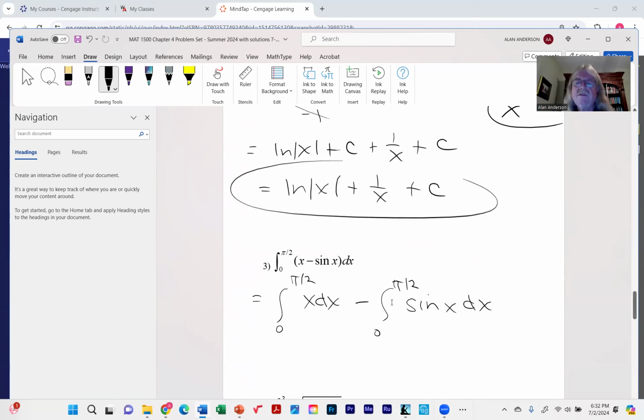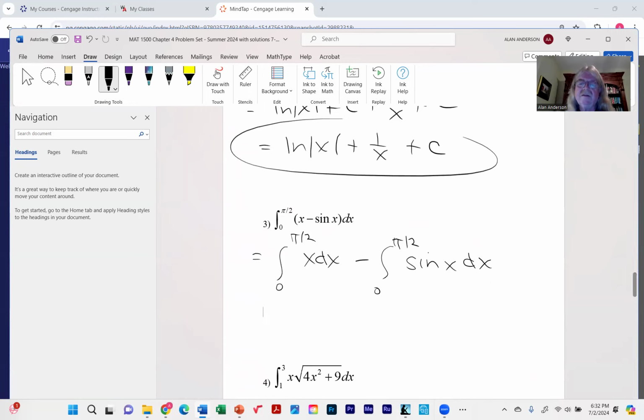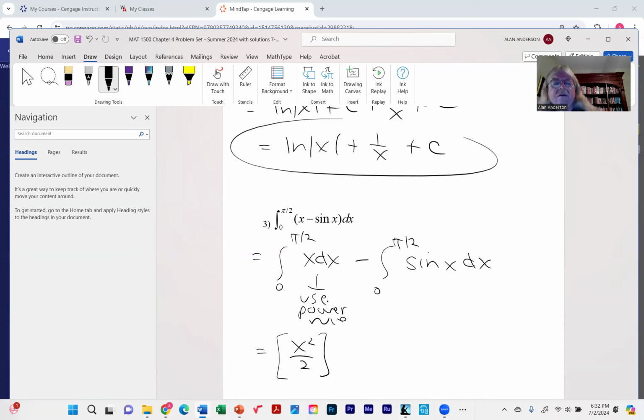Okay, so this one isn't actually that bad because, first of all, the power rule applies here. We end up with x squared over 2. Now, because this is a definite integral, we don't have any constants. Evaluated over the interval from 0 to pi over 2.